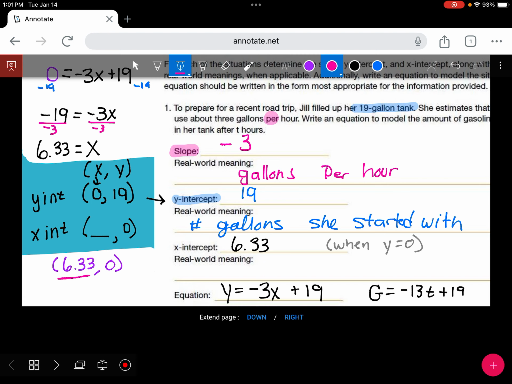Is it gallons? Because we've got gallons here with our y-intercept. Yeah, it's our hours. So this is hours, because this guy is gallons. Y's are gallons.